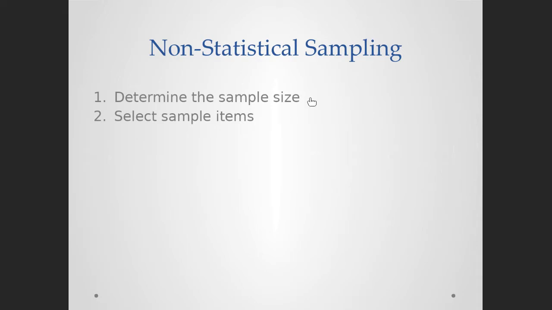The first one is how you determine the sample size, and the second one is how you select the sample items. Remember, the sample size selection in the statistical method, the 78 we selected, is based on confidence level, tolerable deviation rate, expected deviation rate. But here it will be different, right? How so? Let's take a look.